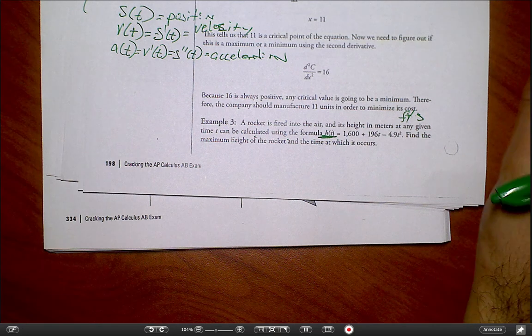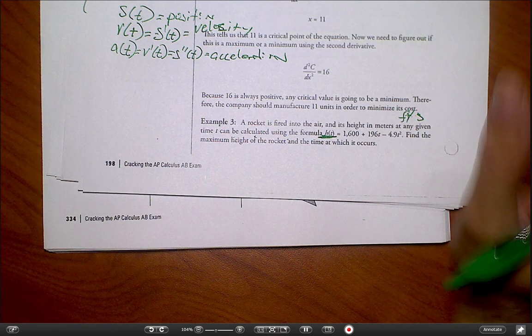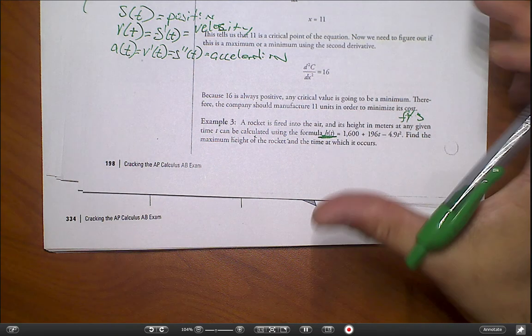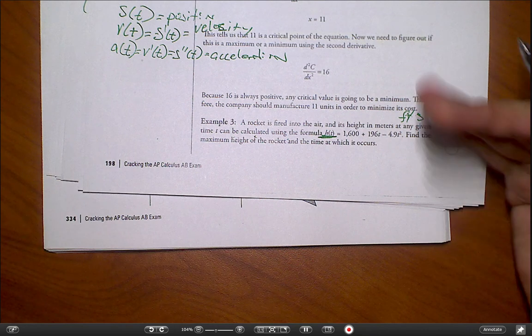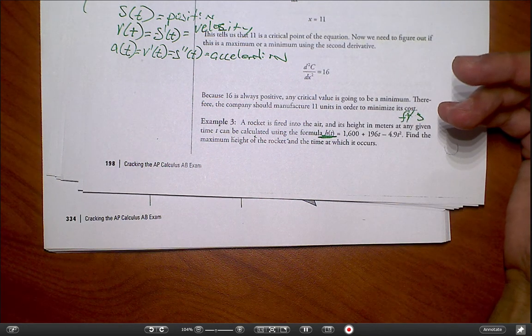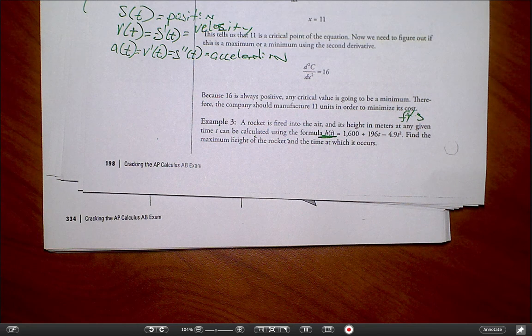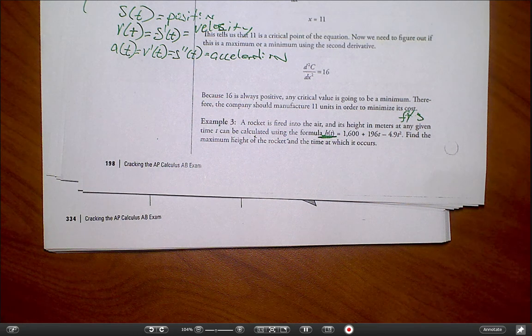So now let's talk about the domain of this. My domain, my real life type of domain. What t's am I going to be allowed to use? Positive, very good. Can I use 0? That's a starting point. Yes, you can, because you need to know what it is going to be at your starting position also.